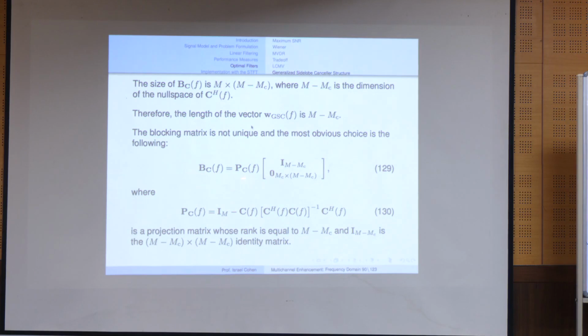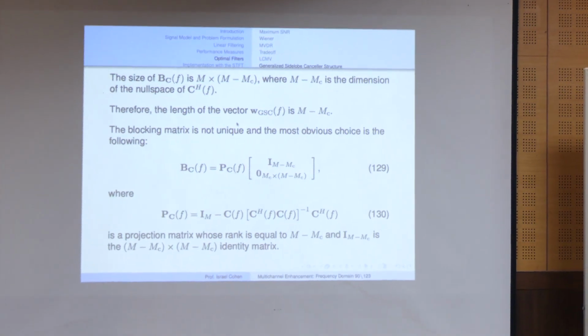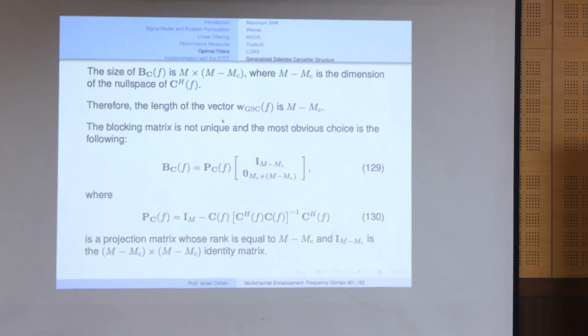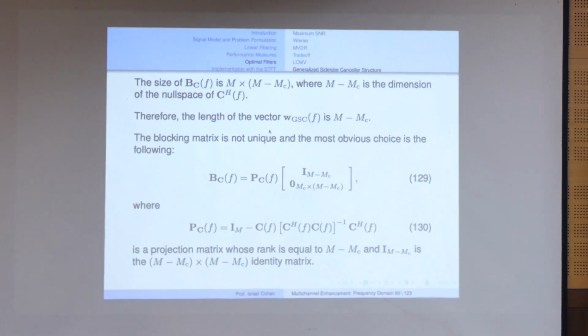The rest are 0. And this is a matrix that projects the input. So it's a projection matrix that projects the input signals here onto the null subspace of the constraints.